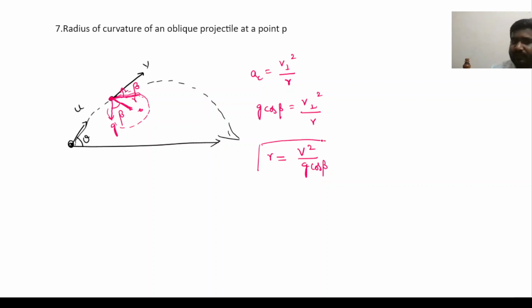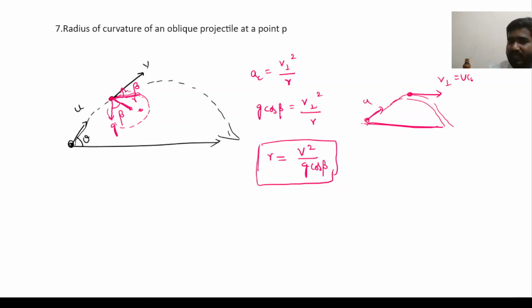So if you take the radius of the circle at the highest point, if this is your horizontal ground and your projected velocity is u, having a projectile at the maximum height, you can take v perpendicular as u cos theta.